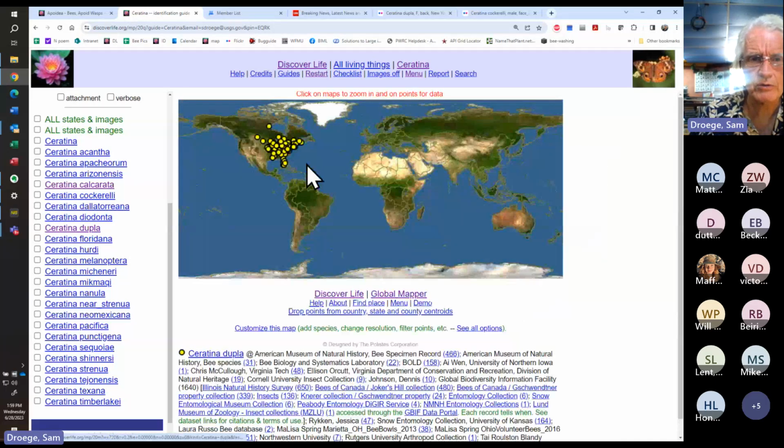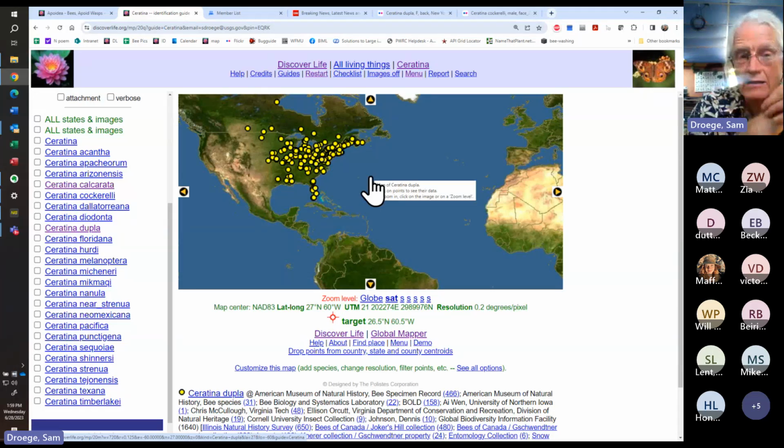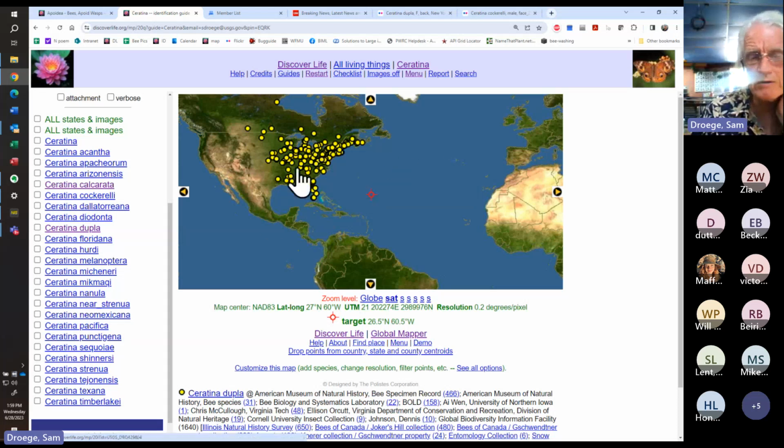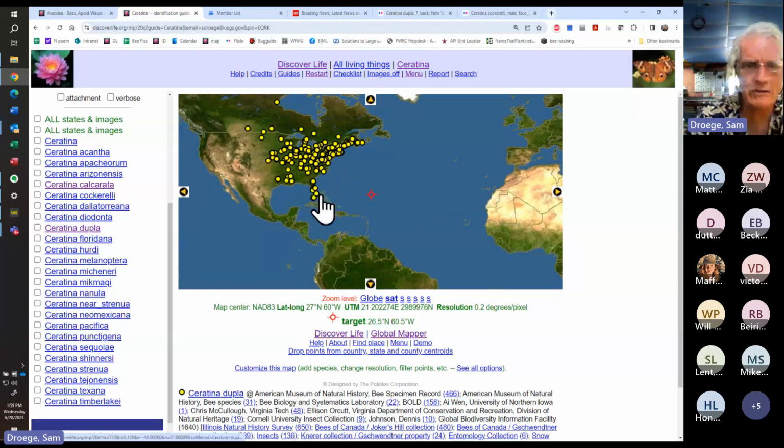Realizing, of course, some of these are old specimens and maybe murky from not being differentiated from mikmaqi, for example. But again, it's pretty much the same distribution. So I'm going to say, although it doesn't get as far west as calcarata, but in most of the east, you're going to have to deal with, is it one or the other? In the south, the floridana is mostly down in this area.